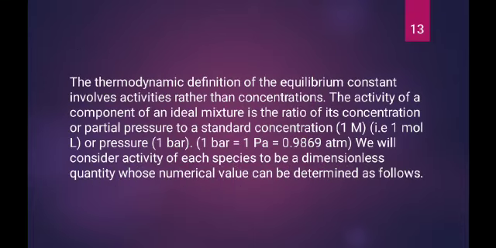The thermodynamic definition of equilibrium constant involves activities rather than concentrations. The activity of a component of an ideal mixture is the ratio of its concentration or partial pressure to a standard concentration. We will consider the activity of each species to be a dimensionless quantity.